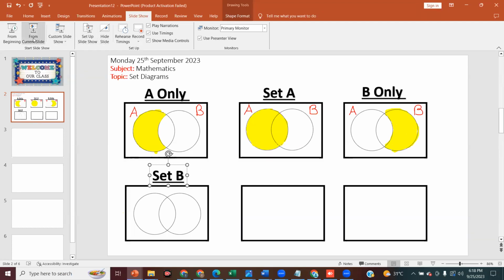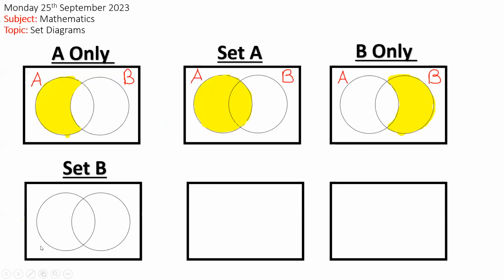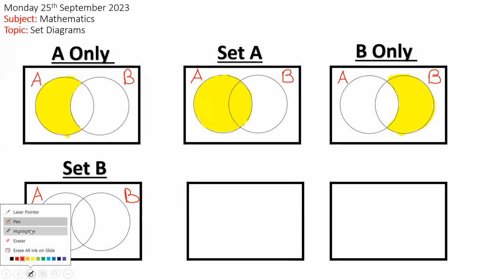All right, and so let's label it. This is going to be A. This is going to be B. And we want to highlight that.